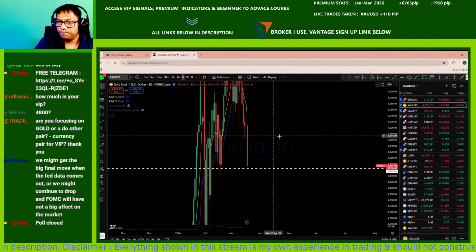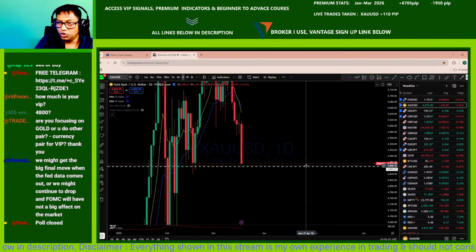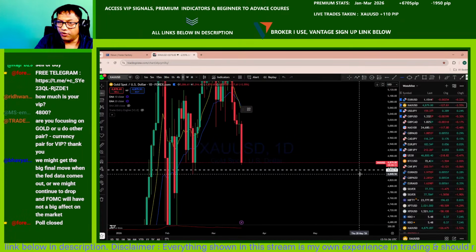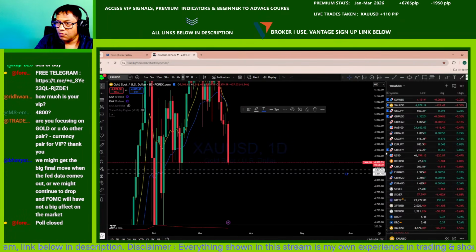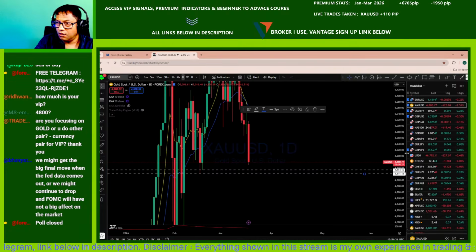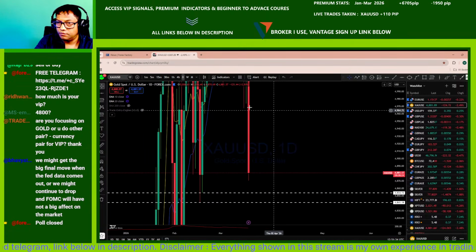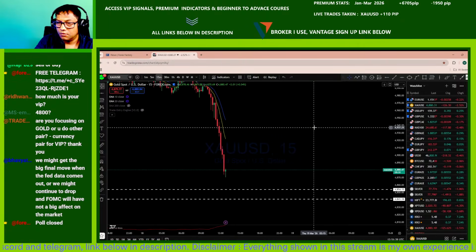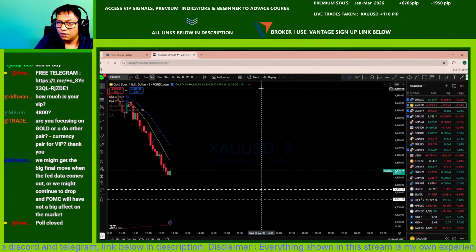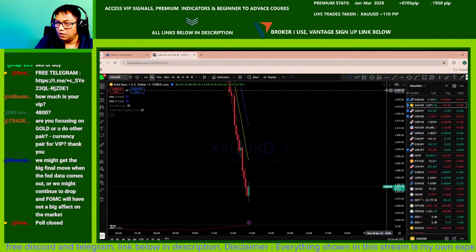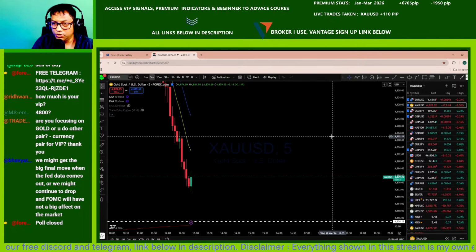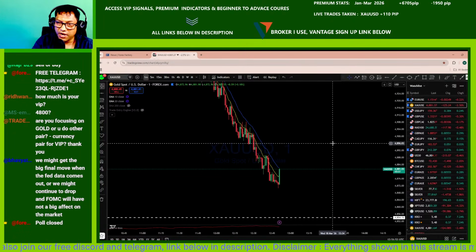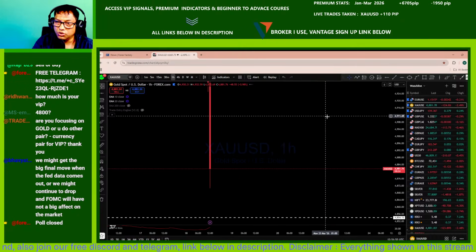If you look at the daily, it's a complete drop almost to this daily support that might initiate further downside here, and we saw the pullback started here, and there might be a break of structure before the 1 hour candle close.